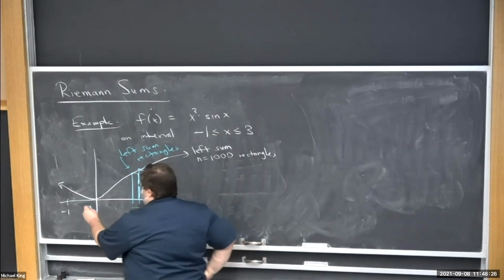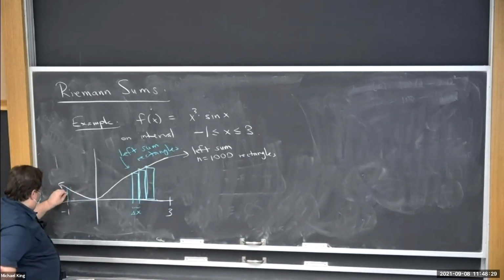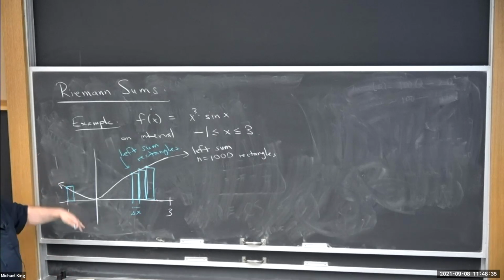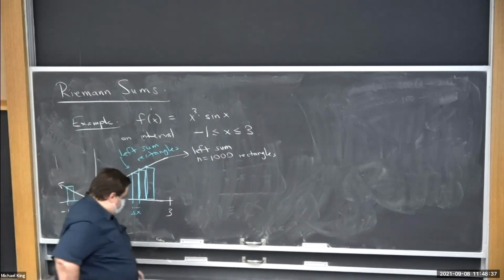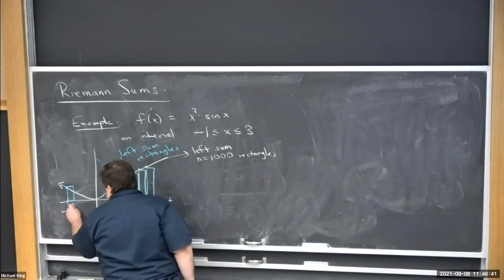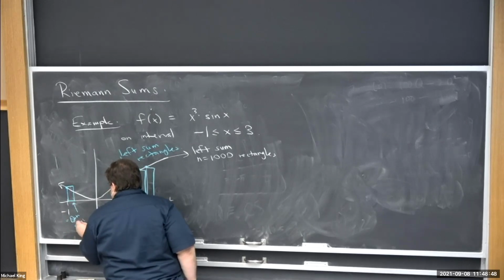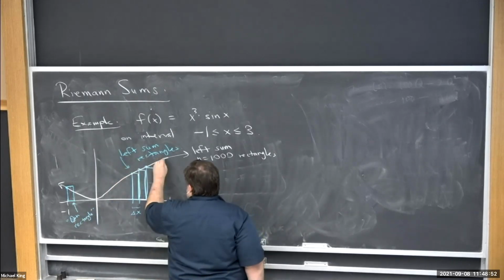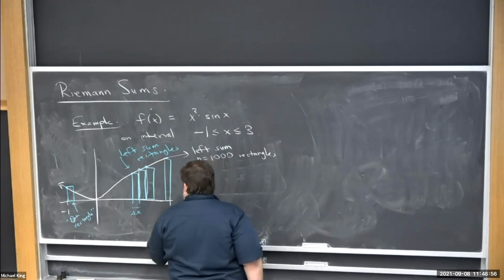There would be a 0th rectangle here. Notice this one would peak above the graph because I'm using the left endpoint. When the graph goes up and down, sometimes you get differences there. And this last one would be the 999th rectangle.